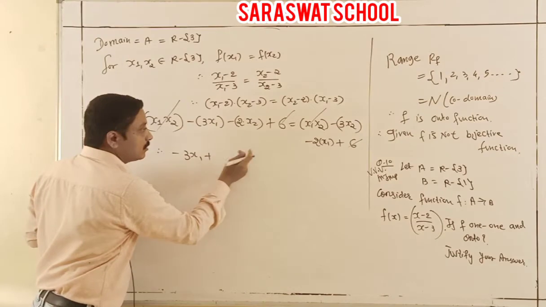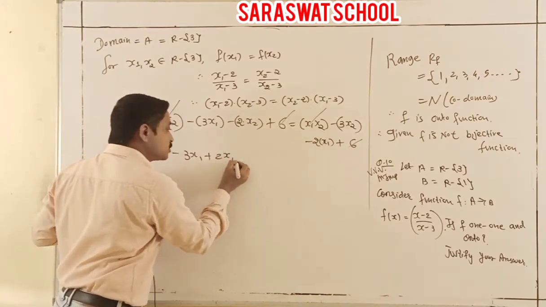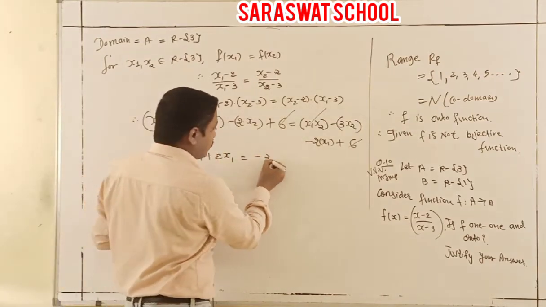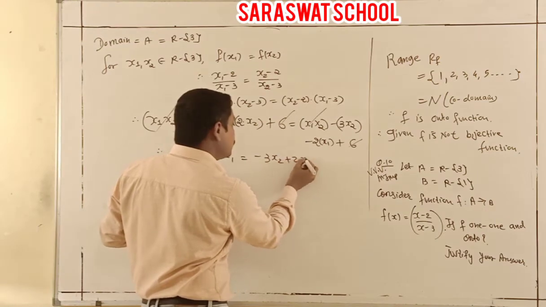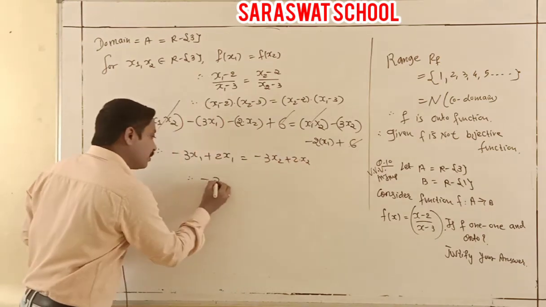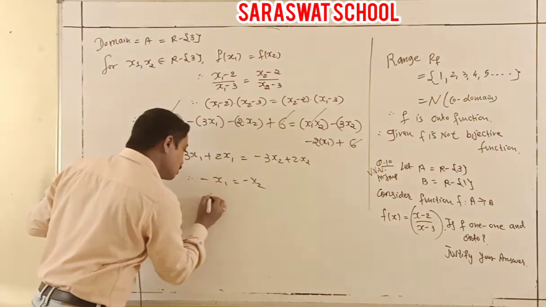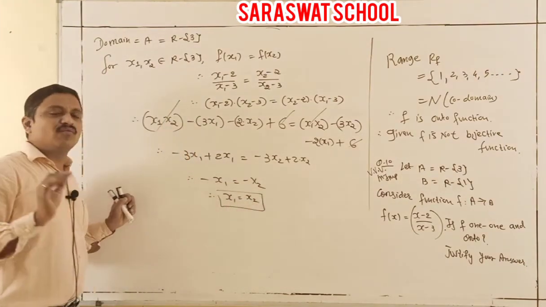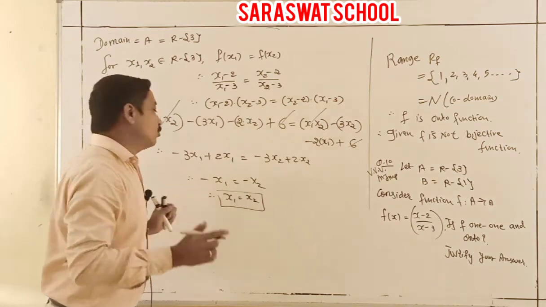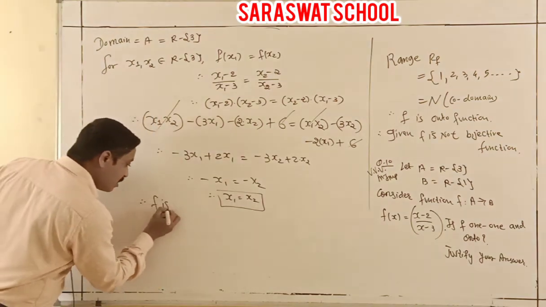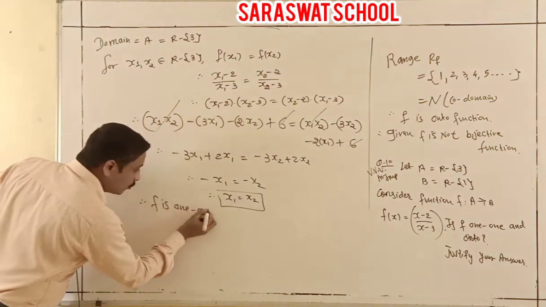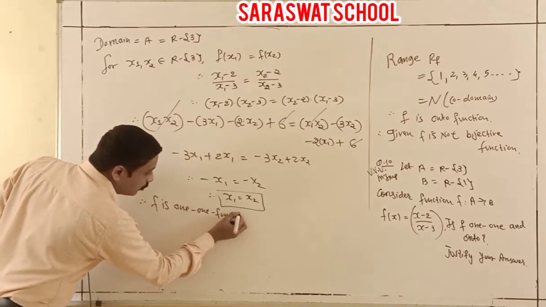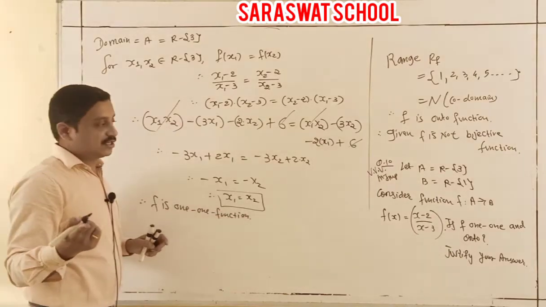Minus 3x1 plus 2x1 and minus 3x2 plus 2x2. Then I am getting minus x1 is equal to minus x2. So x1 is equal to x2. And this confirms we can say it is one-one. Therefore f is your one-one function. Either you can say it is an injective function.